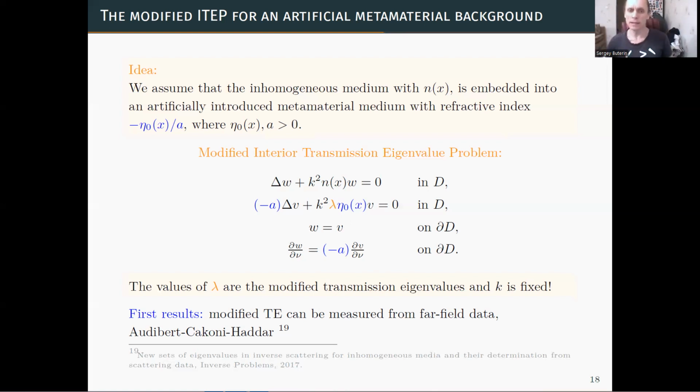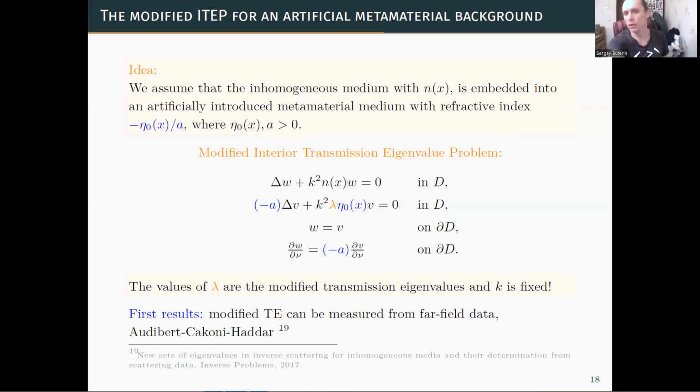And this sign corresponds to the last boundary condition on this slide. So this means if one considers the classical transmission eigenvalue problem where k is the spectral parameter, then changing the sign in the relation of normal derivatives may make the problem regular.